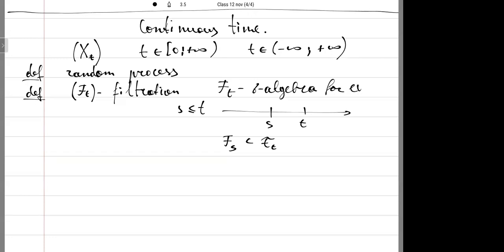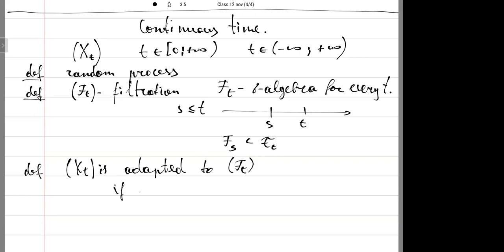So I have a sequence of sigma algebras that is growing. The same definition applies to an adapted process. Xt is adapted to Ft if for all T, Xt is measurable with respect to Ft.